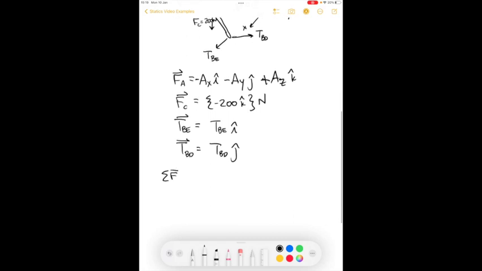So you can add up the sum of the forces. It's equal to 0. And so there's only two X components, two Y components, and two Z components.